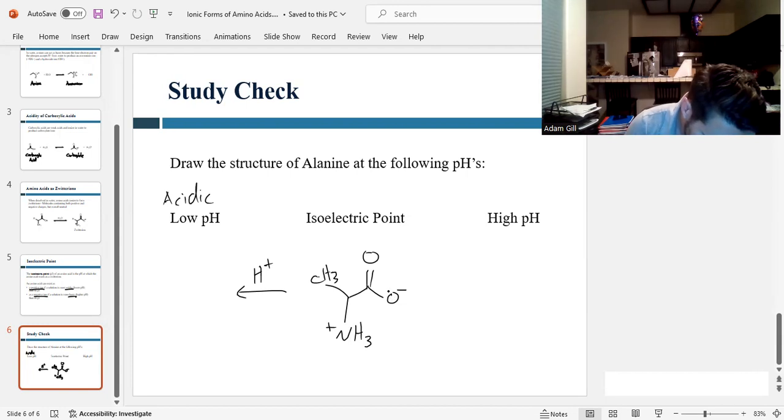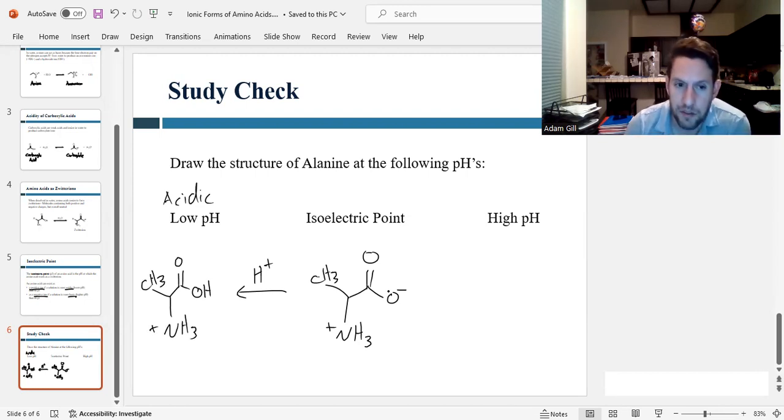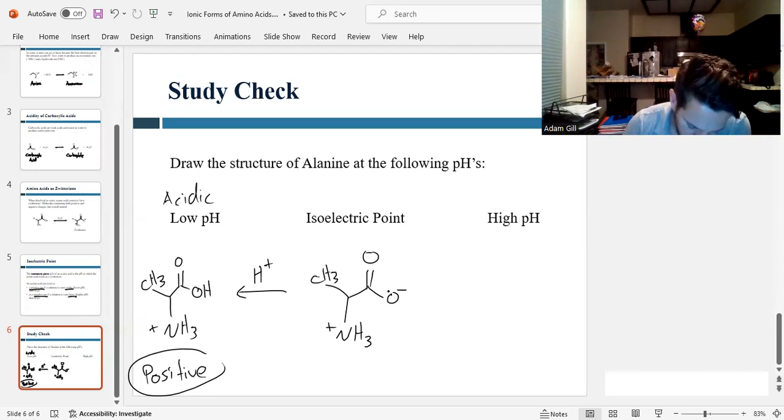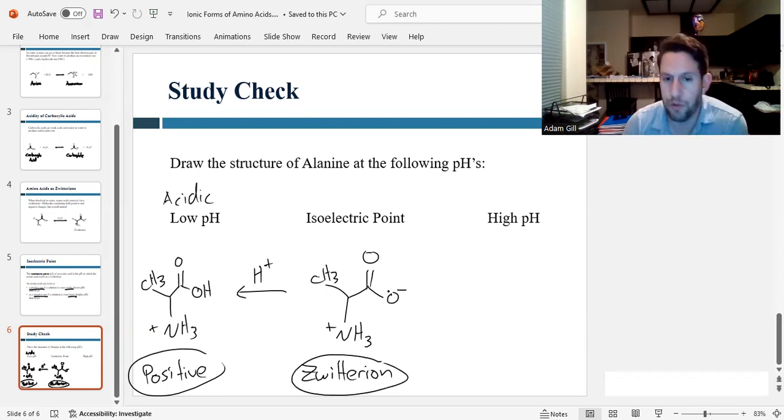And so the oxygen will pick up the extra hydrogen, and it goes back to the OH. And the nitrogen is still NH3 plus. And so this is a positive charge overall. At the isoelectric point, we are the zwitterion. It's neutral, but it's positive and negative.